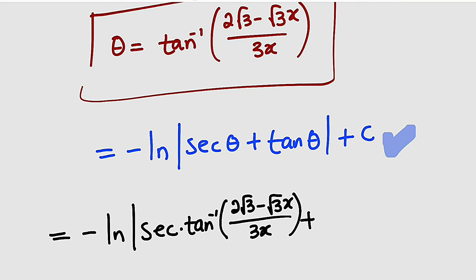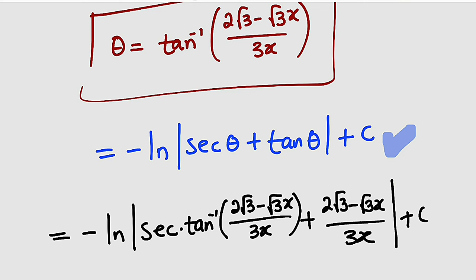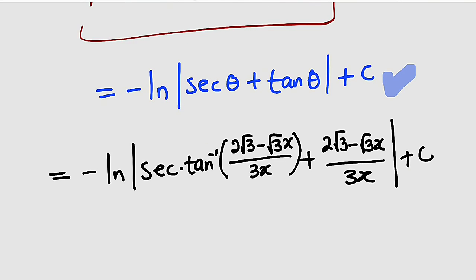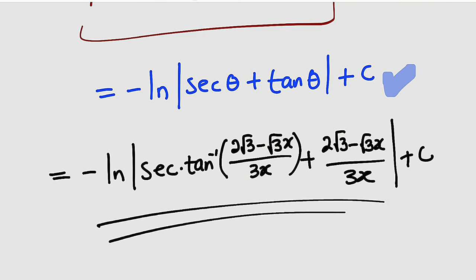Then plus tangent, but because we have theta to be equal to tan inverse, this tan and this will cancel, leaving only the function. So we're only going to write 2 root 3 minus root 3x divided by 3x, right? The absolute value is here, then plus the constant of integration, and we are done. This is just the solution to that problem.